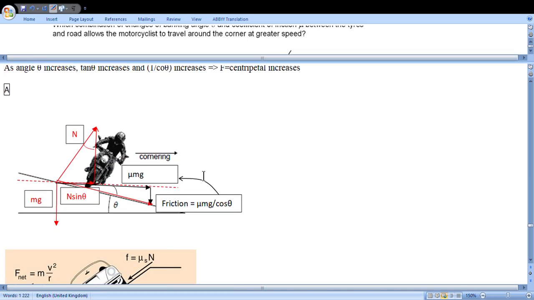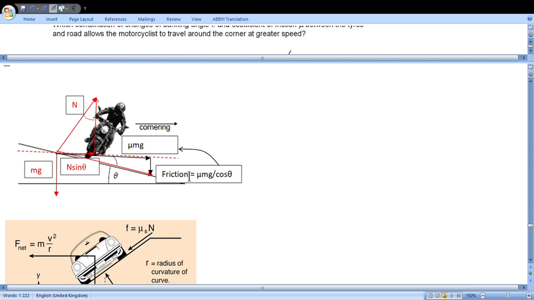If we consider this picture, we see that we have two forces from the road, normal force and friction force. Normal force is at 90 degrees, friction force is along the surface, here downward because we need centripetal force. So geometry tells us that the vertical component of normal force is, first of all, balanced by mg.